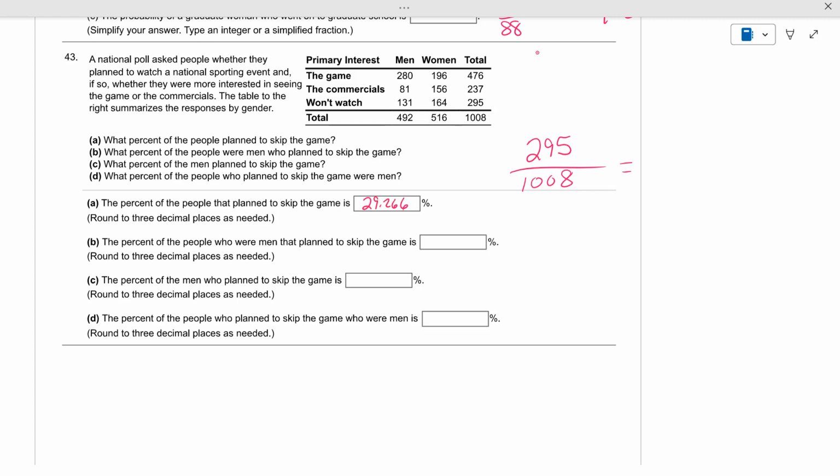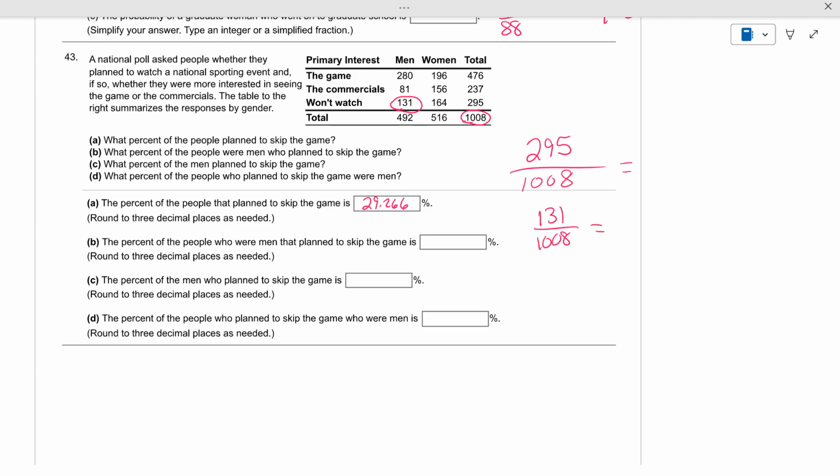Percent of the people who were men that planned to skip the game. So that would be men out of the total number of people. I think it's 131 out of 1,008.